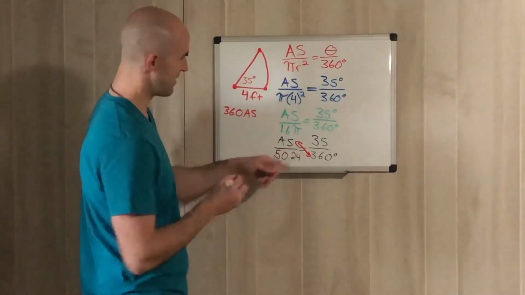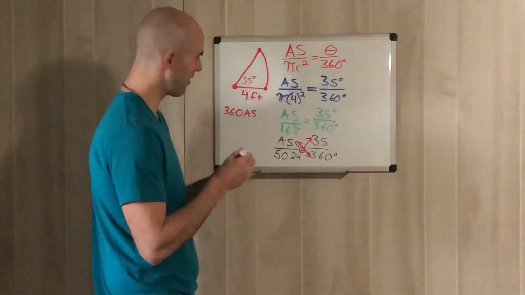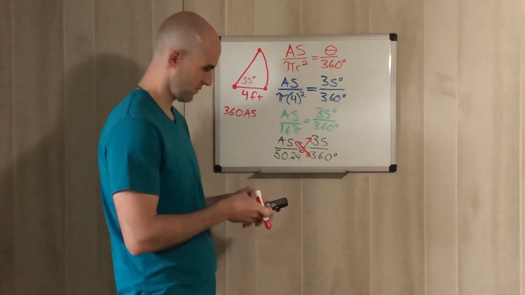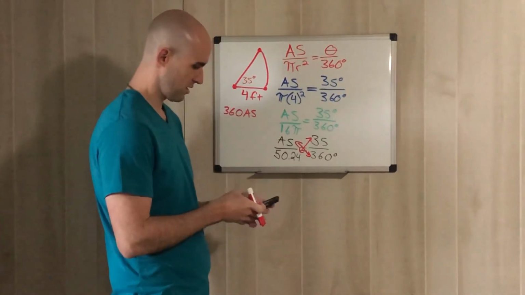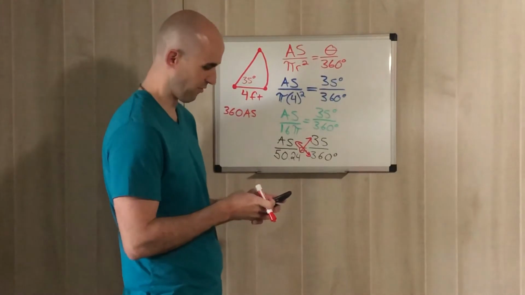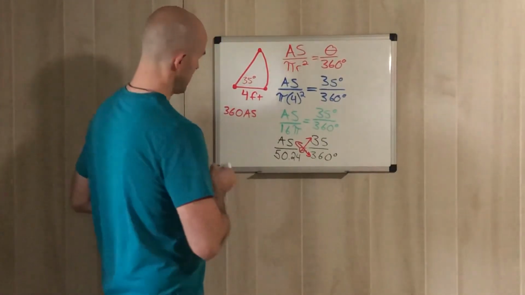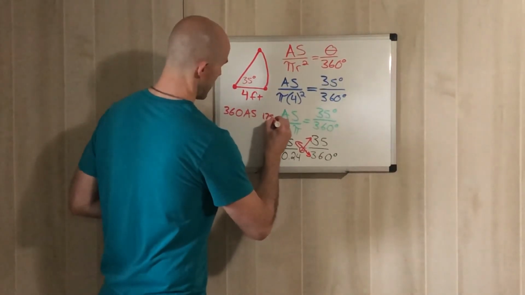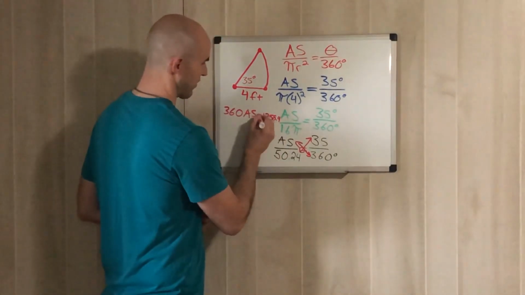Now we're going to do 35 times 50.24, which gives us 1758.4.